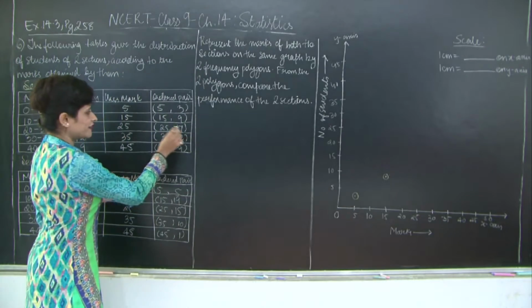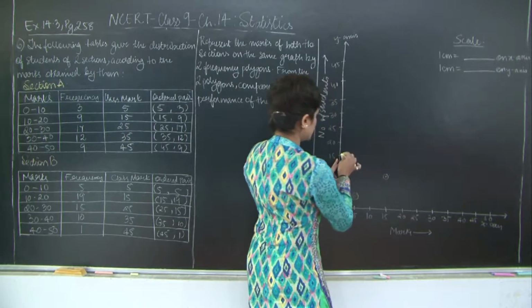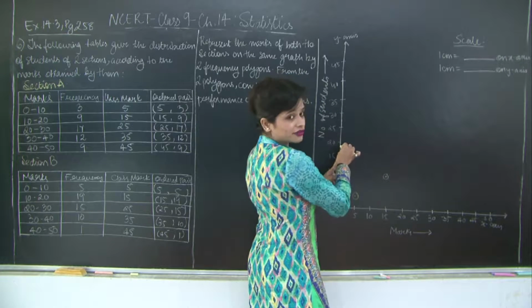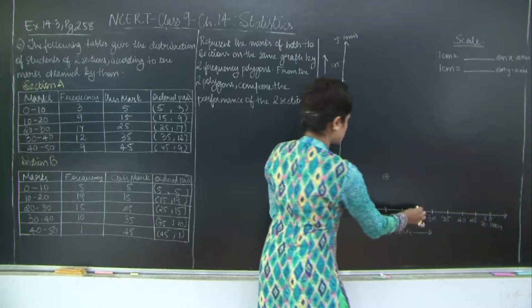Then you have 25 and 17. So let's draw this. 17 would be just 2 units above, between 15 and 20. I hope you know how to mark this.